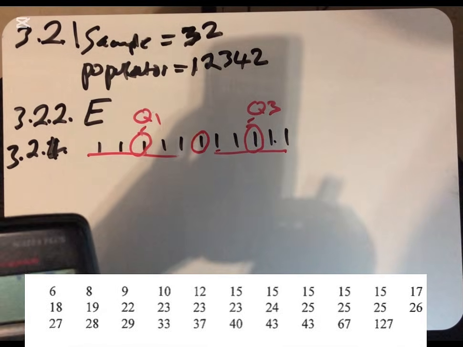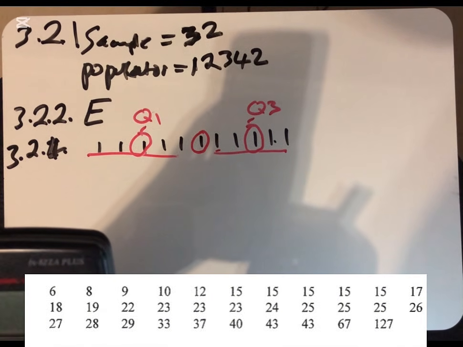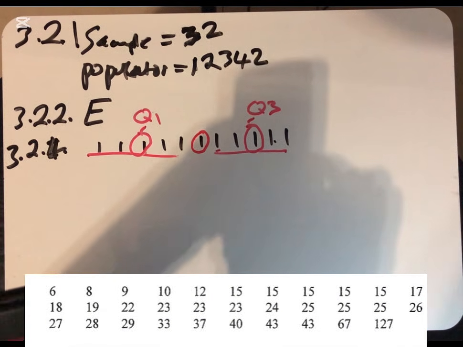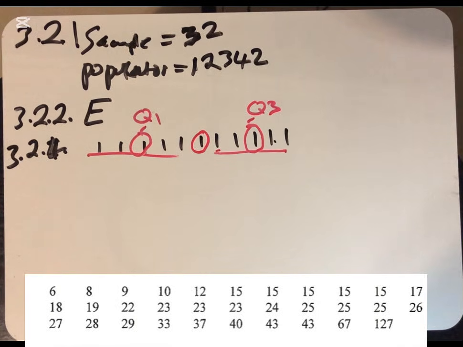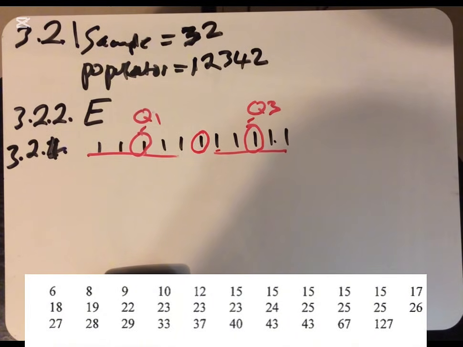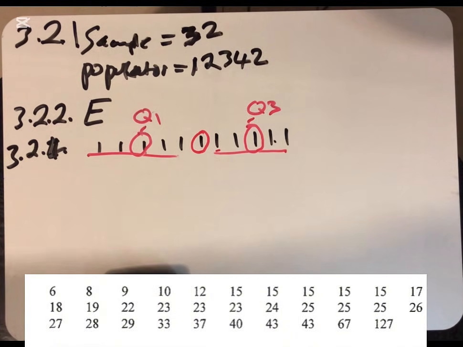We are going to say 32 divided by 2. We can see that position 16 is where we are going to get our median. So we count 1, 2, 3, up to 16. 16 is at 23. We can see that 23 and 23 are going to give us our median.